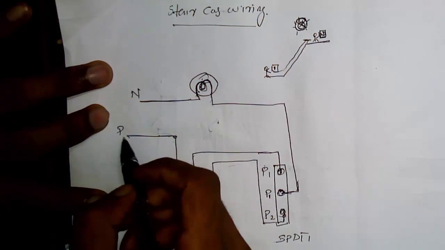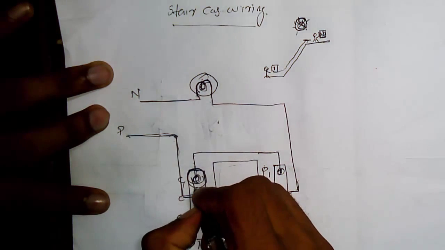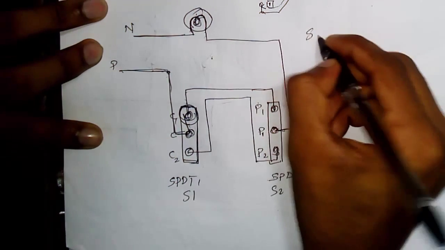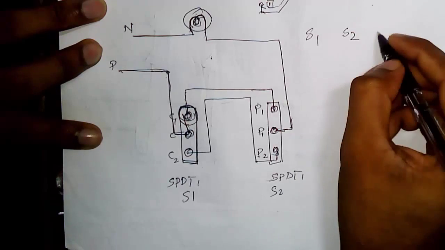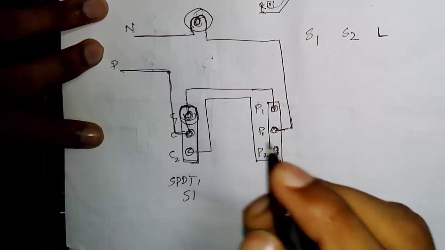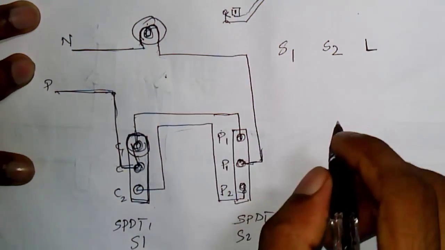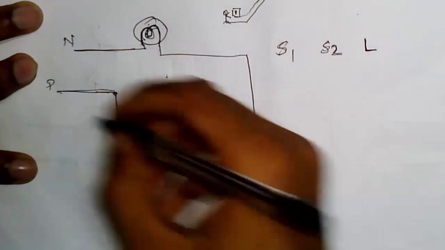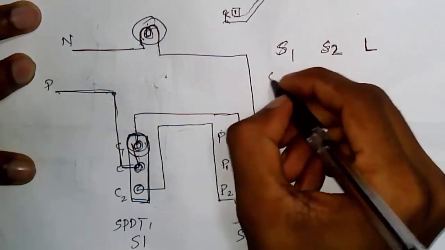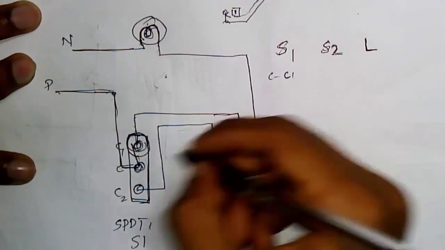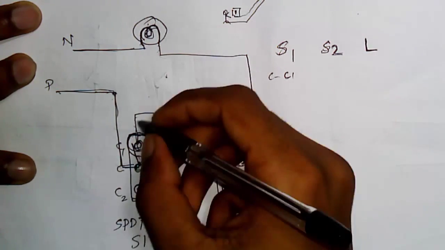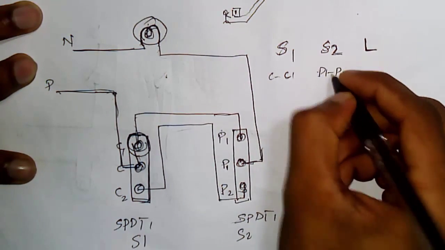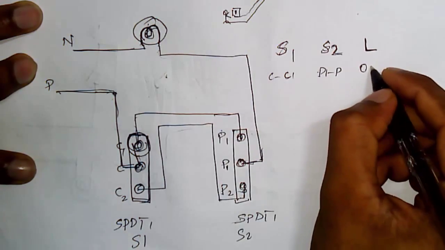Now the working is this: when the supply comes here, we have S1, S2, and a bulb lamp. When S1 is connected to the C1 position, and at the same time S2 is also in the P1 position, then the lamp will be on.